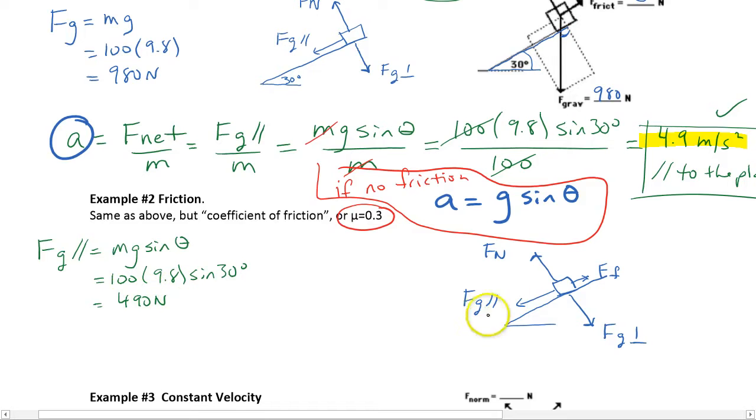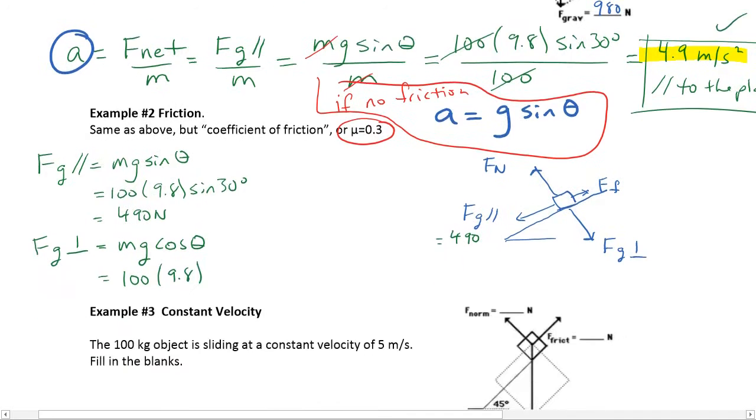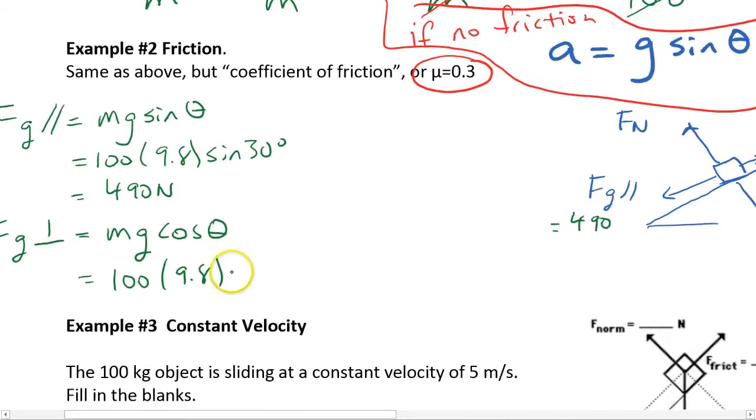So here we've got 490. Fg perpendicular is equal to mg cos of theta, which will be equal to 100 times 9.8 times the cos of 30 degrees, which will be equal to, do I have the number here?